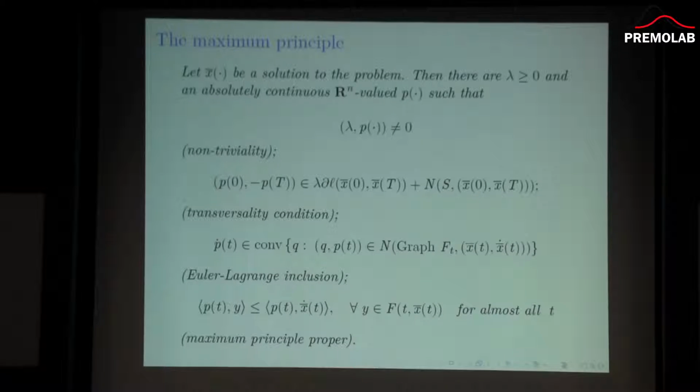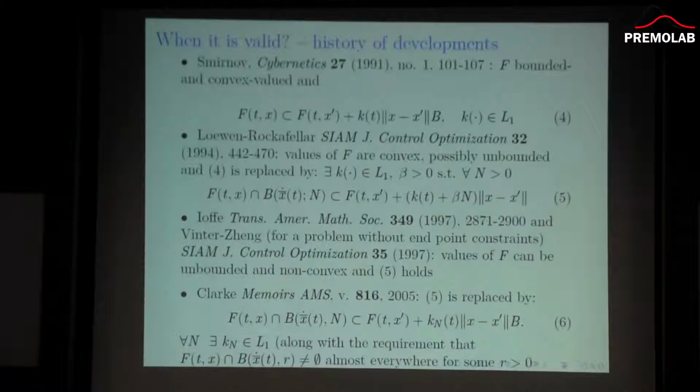Okay, now about the conditions. There was a long development, and these are the basic steps. First of all, it was Smirnov in '91 who proved this result under the condition that F has bounded and convex values, and this type of relation is valid, which is basically that F, as a set-valued function of x, is Hausdorff-Lipschitz.